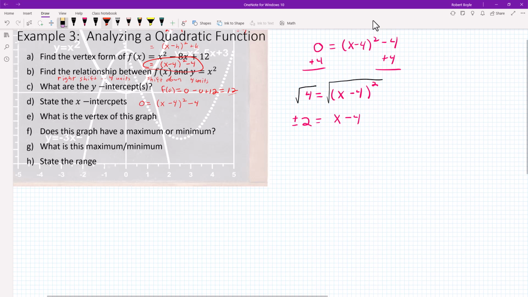And now we can go ahead and solve for x. Then we will have that x is equal to 4 plus or minus 2.